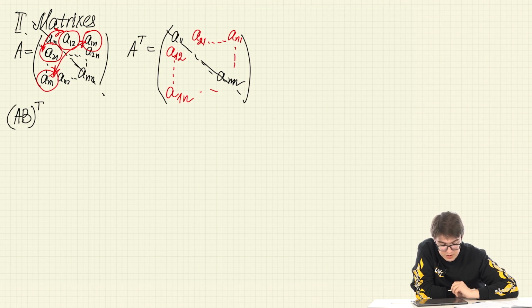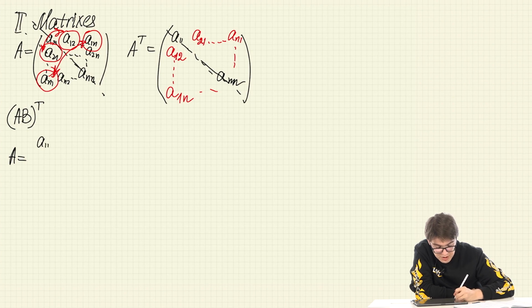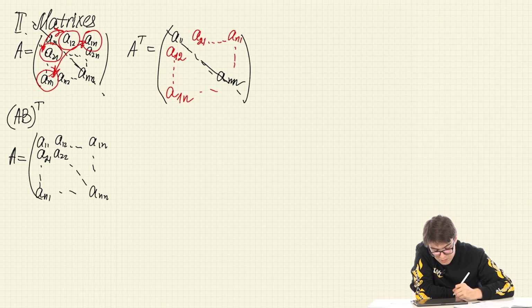You can check it by writing it with your pencil, but let's have a look at these matrices and try to deduce it. So assume that we have two matrices, A and B.